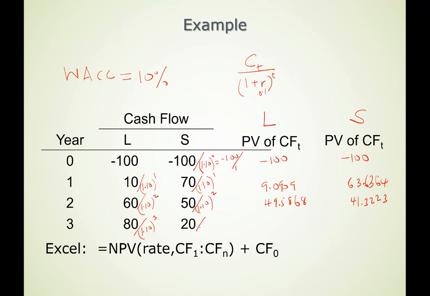For the last cash flows, you discount to the present, 1 divided by 1.10 raised to 3, and do the same, 1.10 raised to 3. Again, you discount the first 80. The present value of that is 80 divided by 1.1 raised to 3, which is 60.1052.